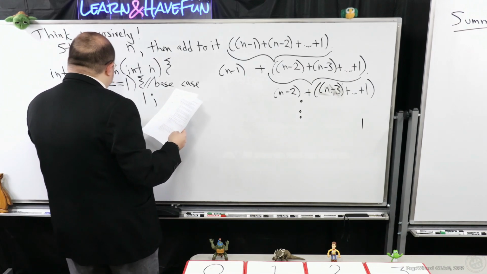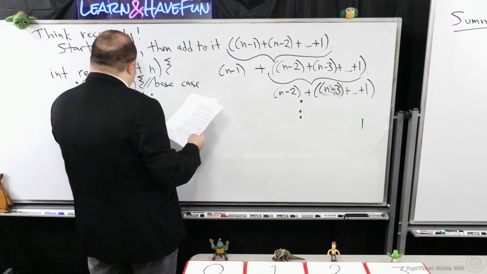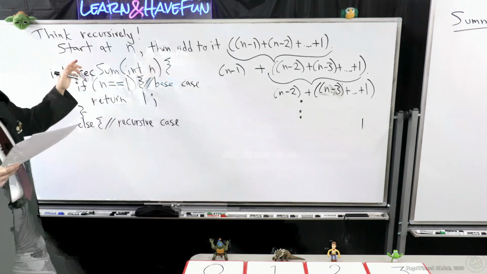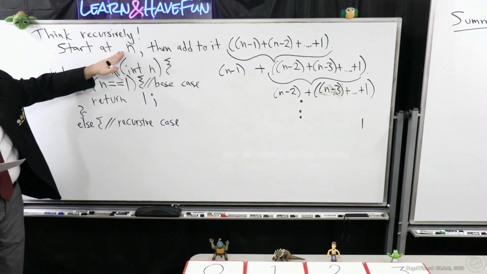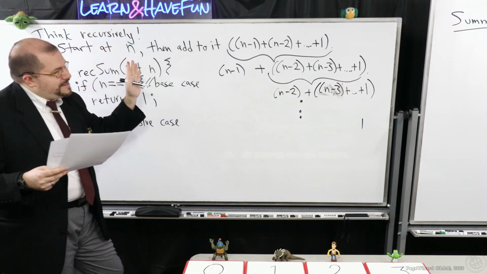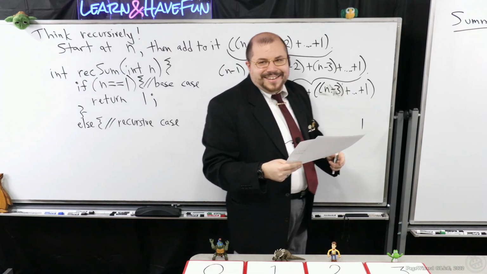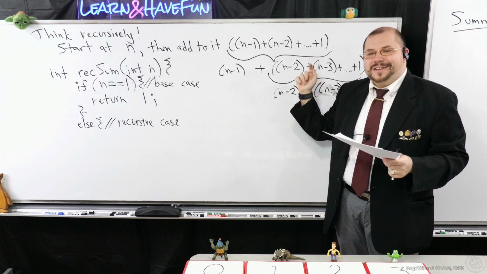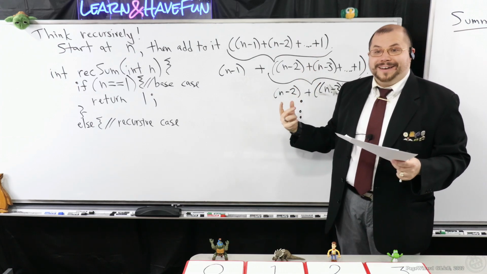this is our recursive case, and this should remind you of what we got over here. What I said was, hey, look, whatever number I have, I add to it the rest of the sum. So what exactly am I saying when n is bigger than 1?